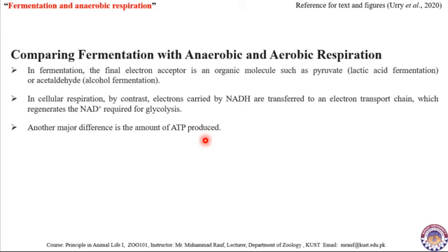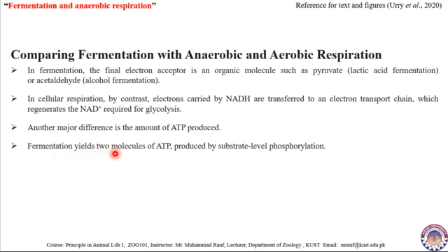Oxygen will be there to act as the final acceptor of electrons, and then in anaerobic cellular respiration there will be no oxygen, but there will be some other molecule which will act as the final acceptor of electrons. So it will also produce a specific amount of ATP, although much less than aerobic cellular respiration.